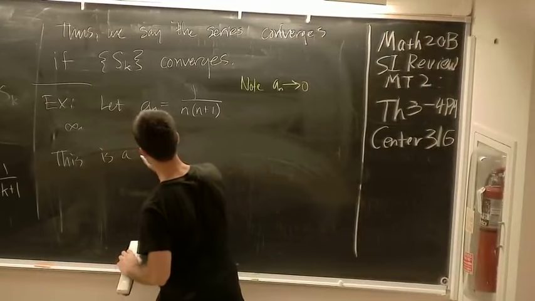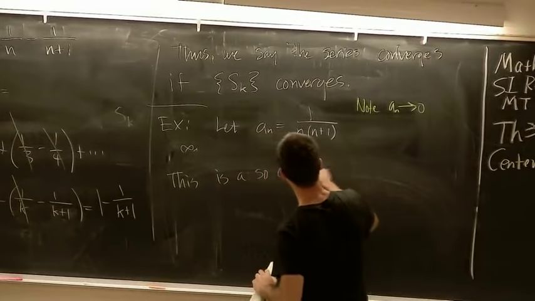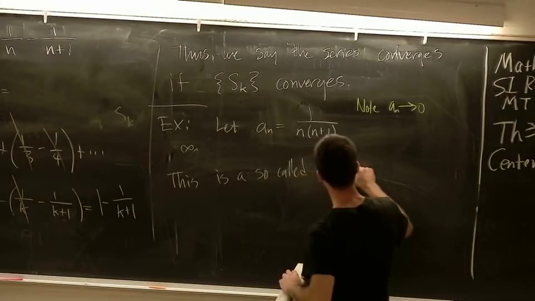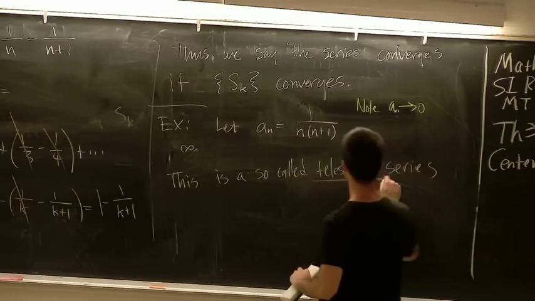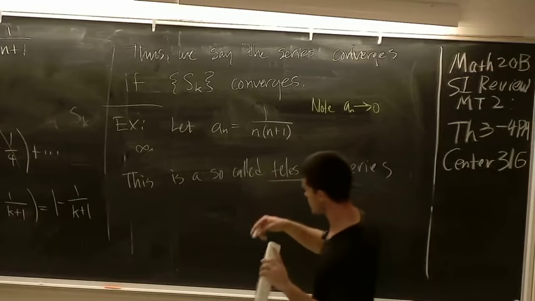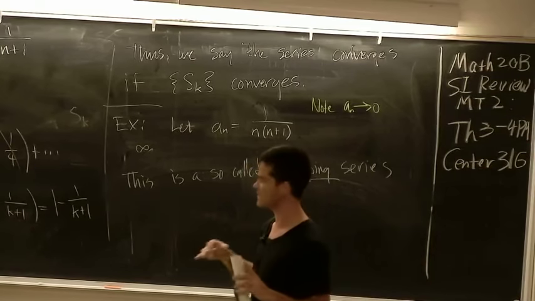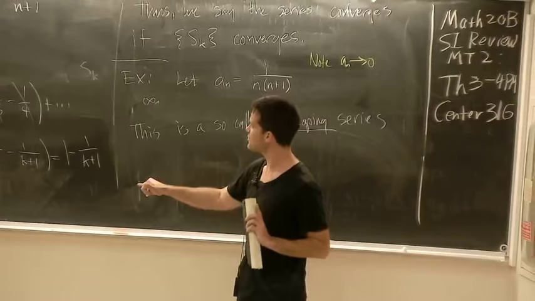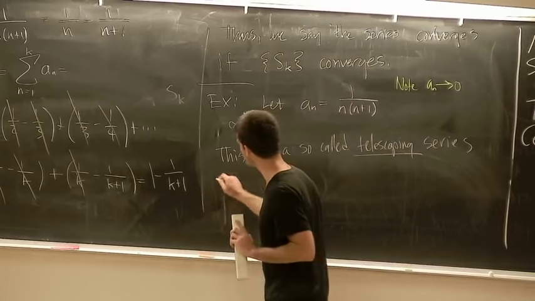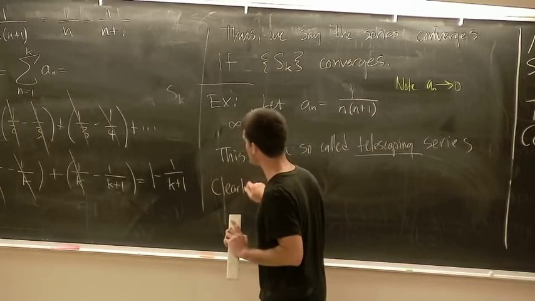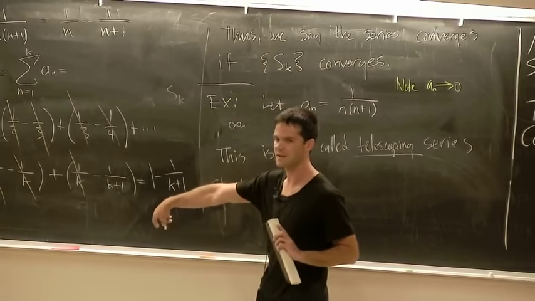So this is a so-called telescoping series, the term for when all the middle terms cancel. But what's so great about it is we can easily take its limit. What is the limit as k goes to infinity?